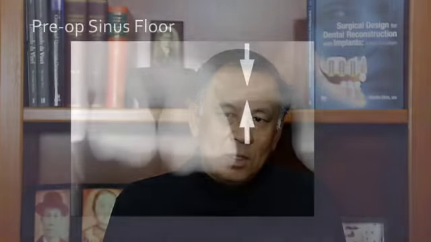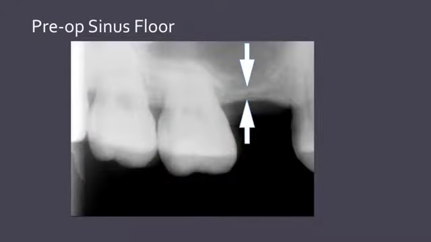There is obviously no adequate volume to place a dental implant into this area, so the common concept is to graft this area to establish a volume of bone and then place a dental implant.